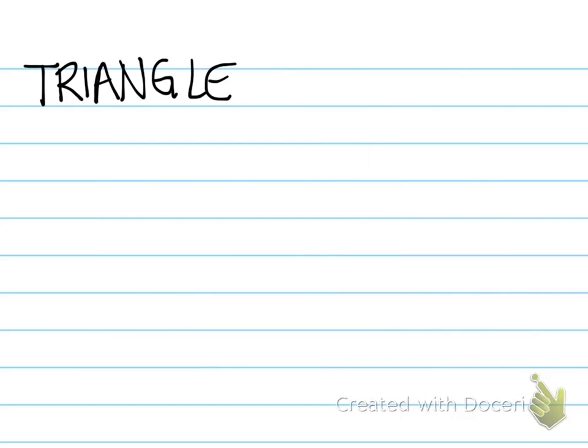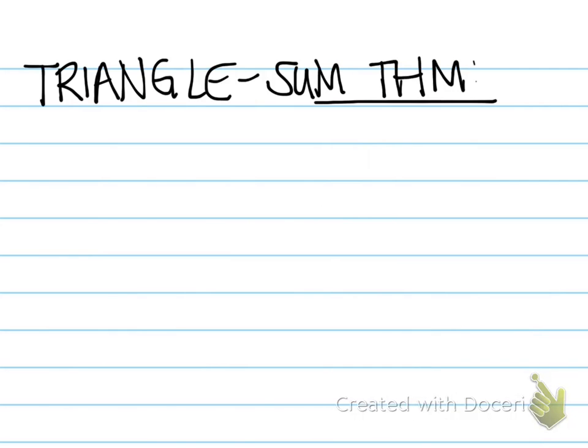The first thing that we want to look at is a theorem, and again you can look this up in your packet. It's also in your textbook, but it is called the triangle sum theorem. So this one's specifically for triangles, not all polygons.